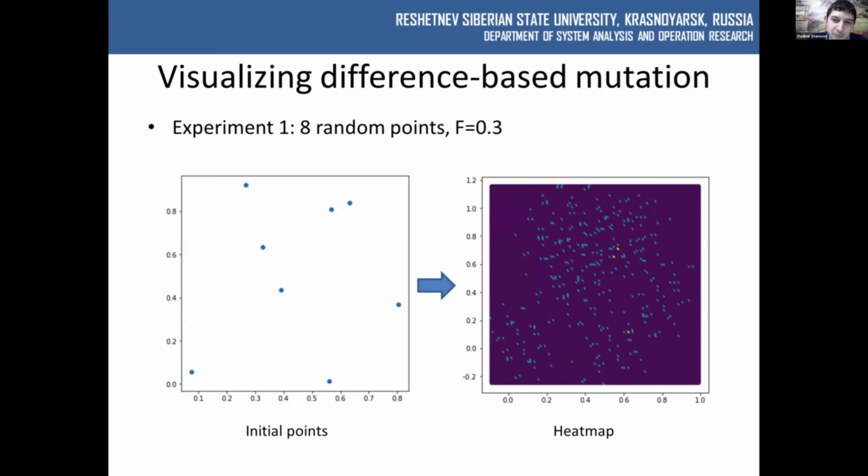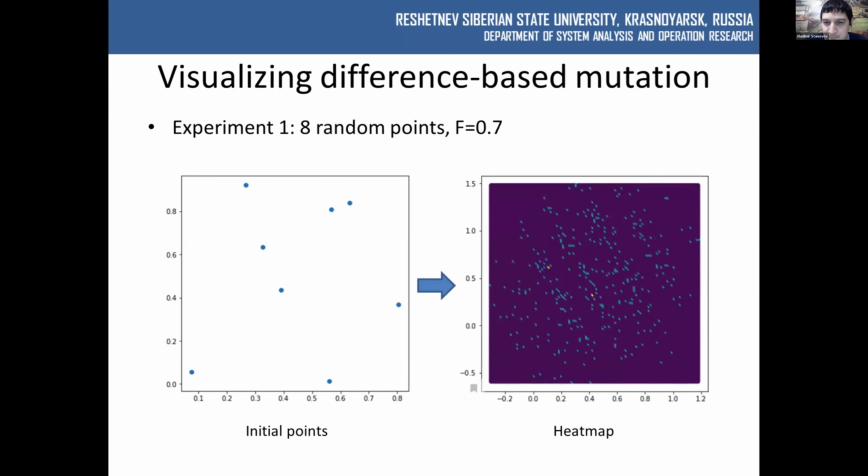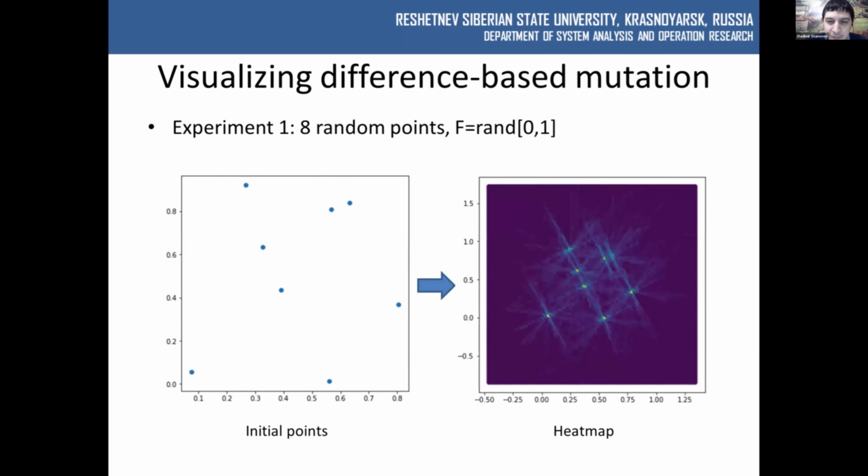Why would this work? Some person might ask. If we increase F to 0.7, we get more like a random distribution of points, but we don't really see any particular patterns here. But what if we not just set F to a fixed value, but generate it randomly? So from 0 to 1, for example. Now this gets more interesting because from each point we have these kinds of rays that go in different directions.